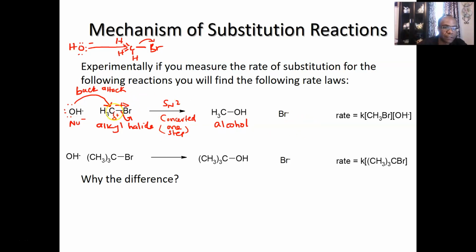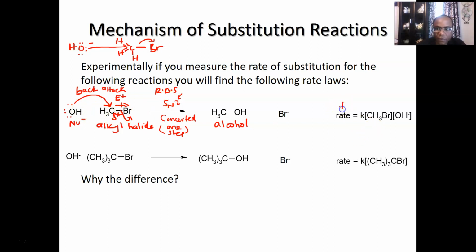Now, notice that because it's one step, then the nucleophile and the electrophile, this is an electrophile because there's an element which is bearing the plus character. The nucleophile and the electrophile are working together. So that's why it's SN2. Two things determine the rate. Rate determining step is the reaction of these two guys.